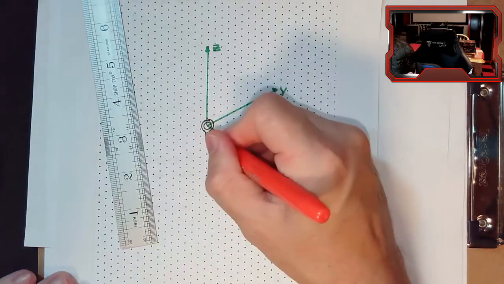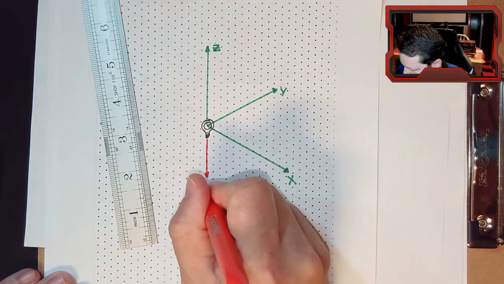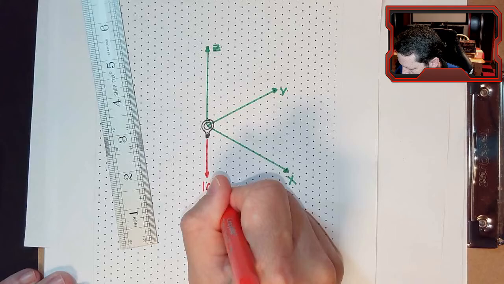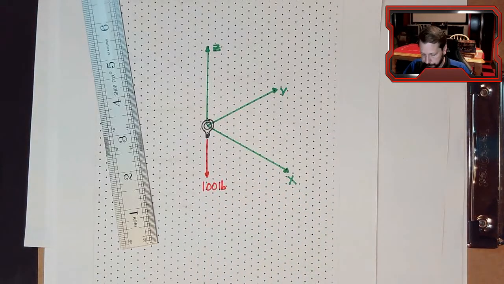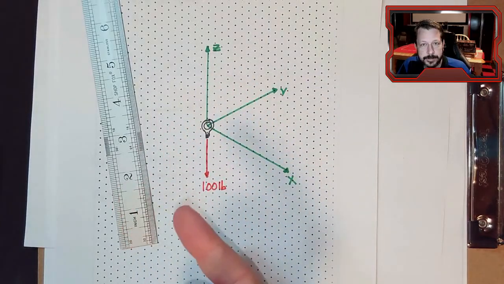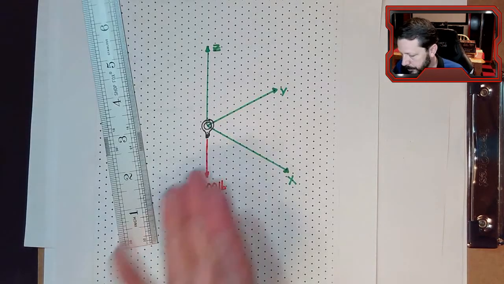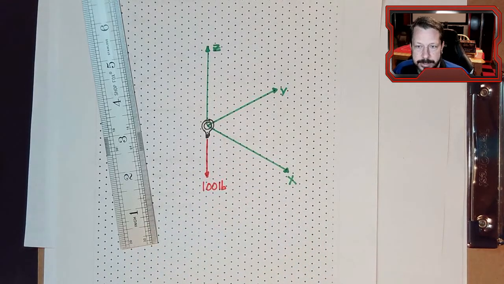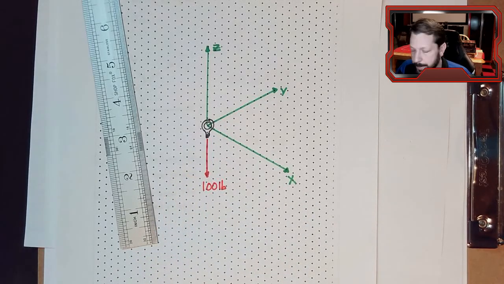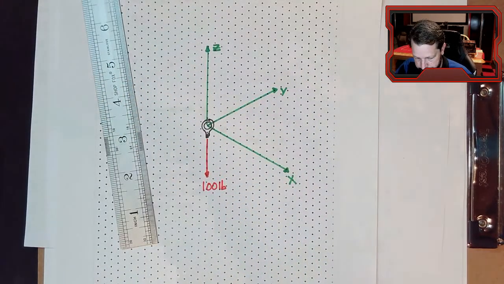Whatever it is, I know that this eye bolt is being pulled downwards with 100 pounds of force. And you have to know one of the values of the force. Otherwise, you can write all the equations, but if they're all unknown, you can't actually solve for them. So you have to know one thing, and I'm going to say that this is the thing I know. So I've got my little eye bolt there. Something is pulling downwards on it with 100 pounds, and I've got 3 cables pulling in various directions upwards.